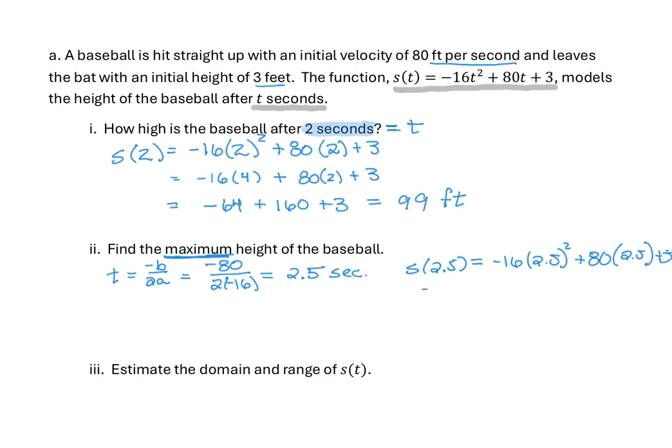And if we go ahead and simplify this, again, you can use a calculator. We get 2.5 squared is 6.25. And if we go ahead and do our multiplications, the first one we get negative 100.